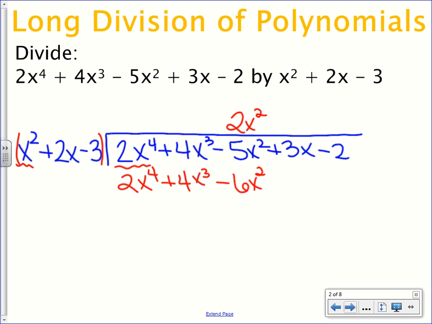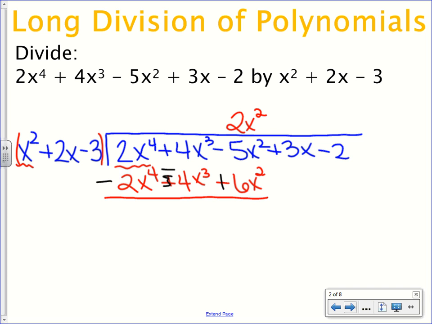Now, what do we do with what I just wrote in red? We subtract it. This is what I'm going to tell you. Don't do the subtraction right here. Carry the subtraction through, otherwise you're going to forget. So subtract, subtract, subtract.